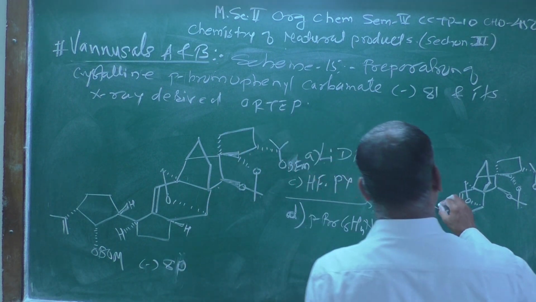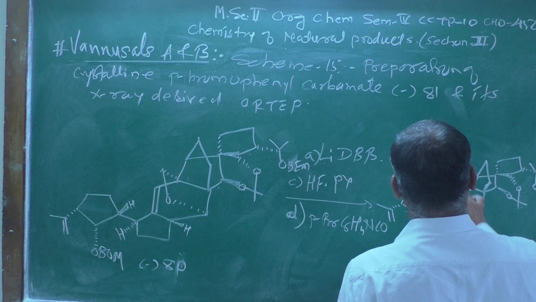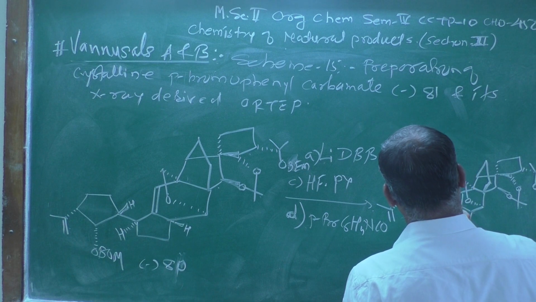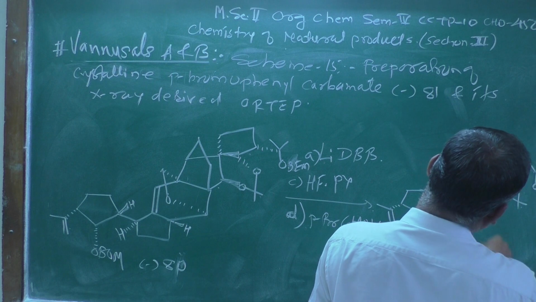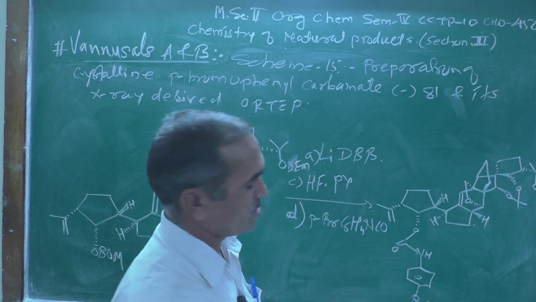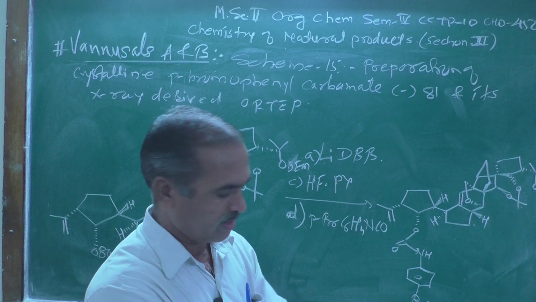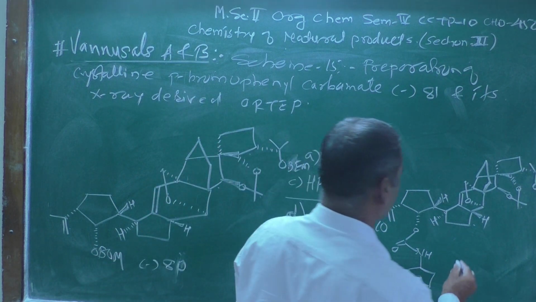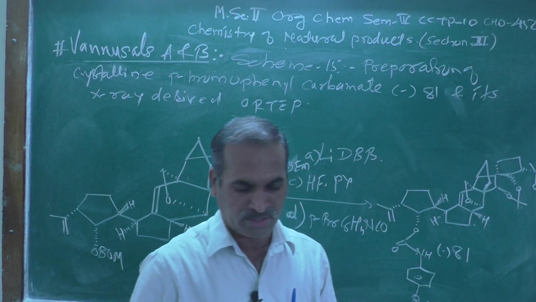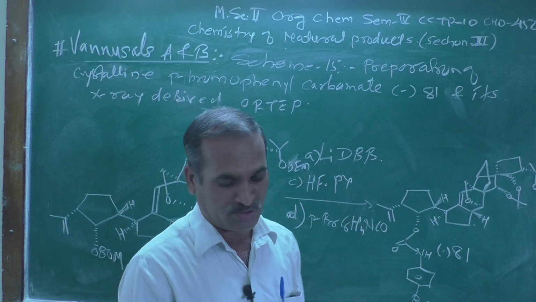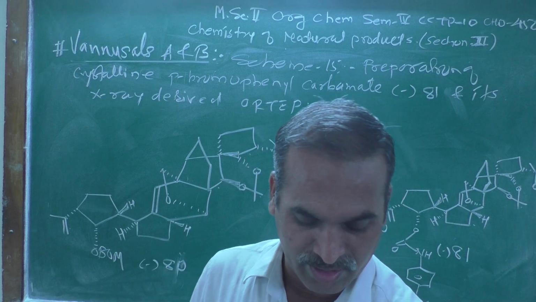Now the hydrogen atom remains as it is, and there is a hydrogen atom that should be below the plane. This is the structure which we have drawn over here, and that structure is nothing but structure number minus 81.